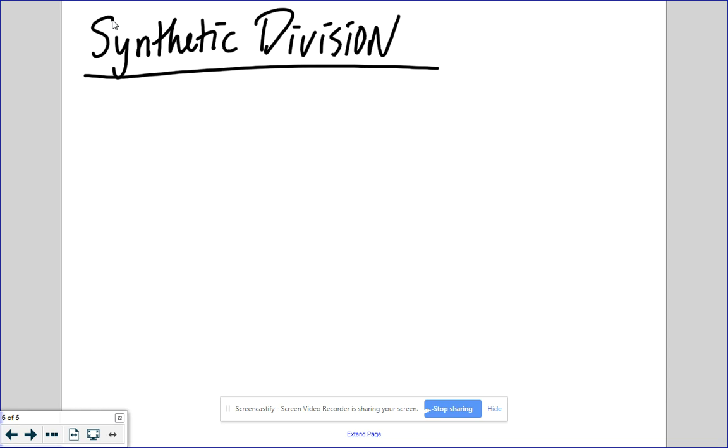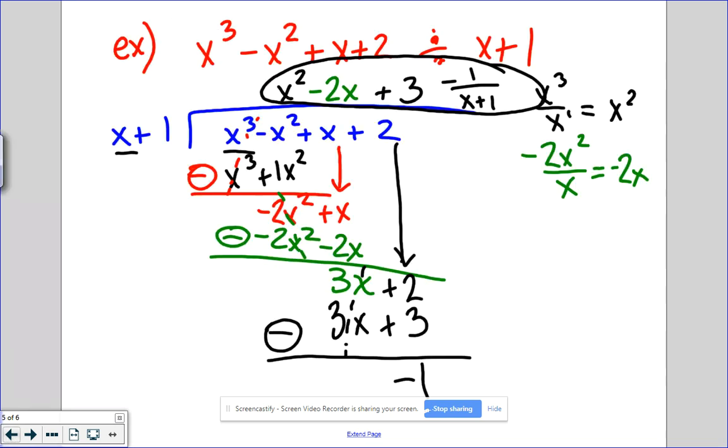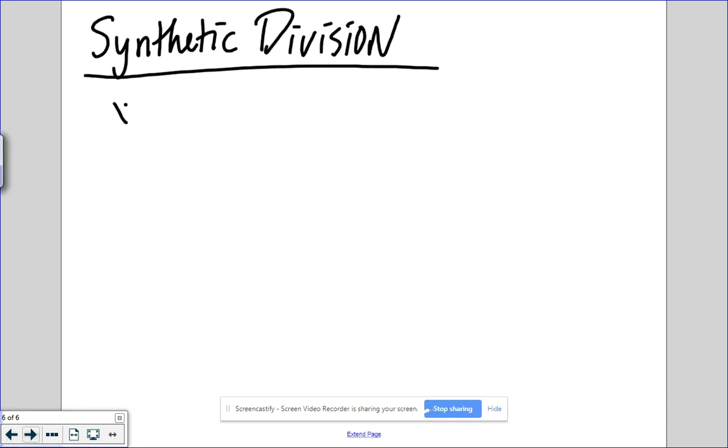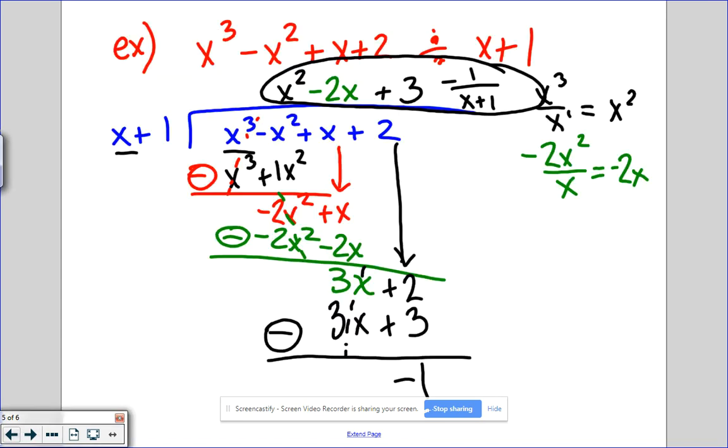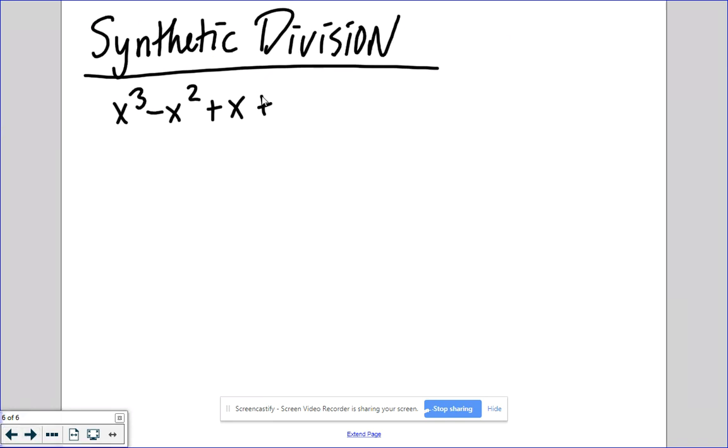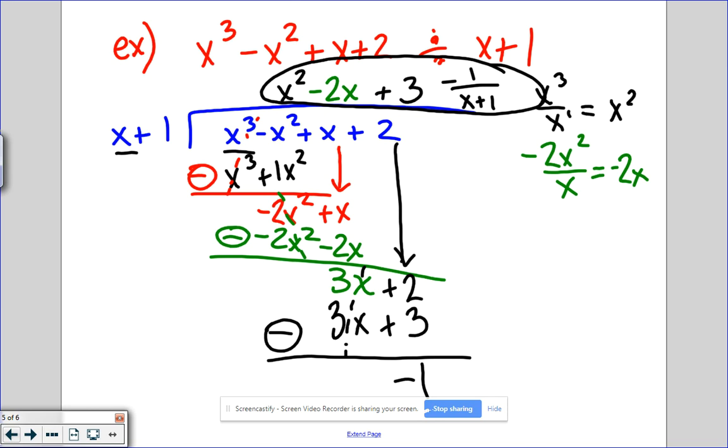For this example, it does work. So the problem we were just doing was x cubed minus x squared plus x plus 2 divided by x plus 1.